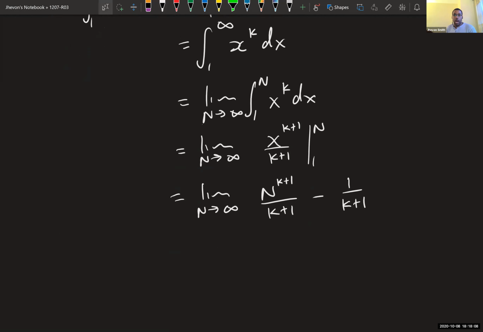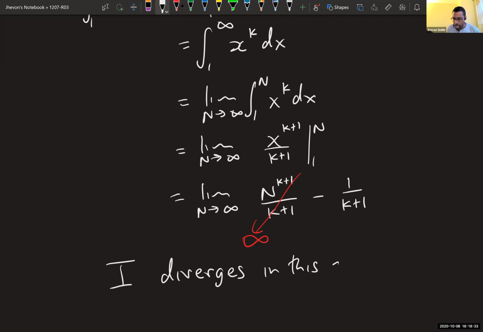Now k is a positive number, which means I'm taking a number, raising it to a positive power, and the base, that number n, is actually going off to infinity. What's going to happen is, well, this guy's going to go off to infinity, right? So here we get diverges. In this case, it turns out in the case where my p is negative, this integral is meaningless. It doesn't work.